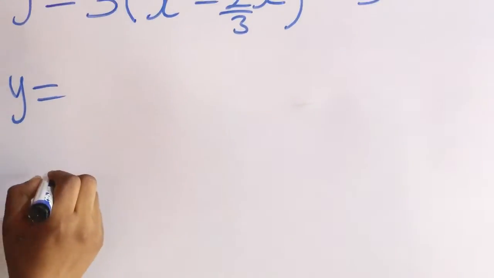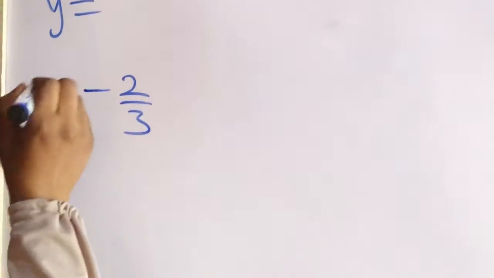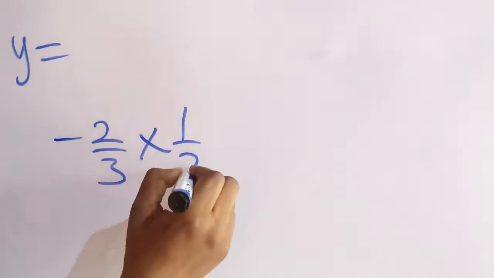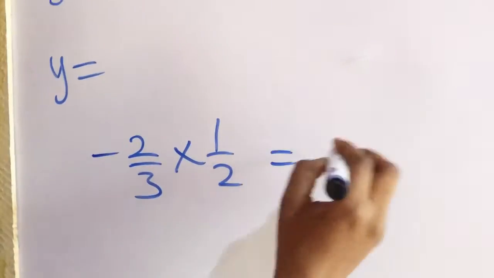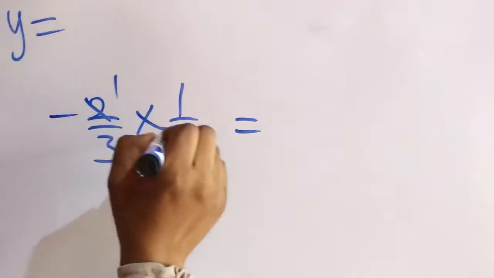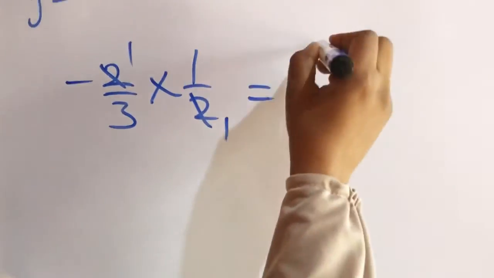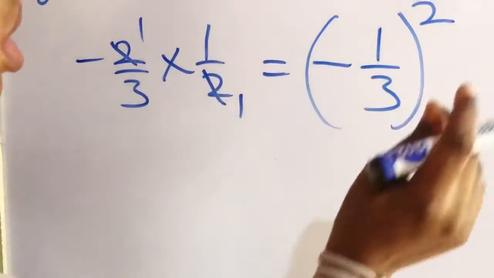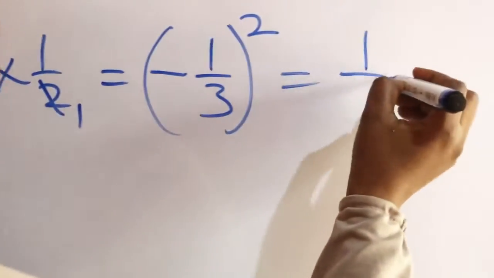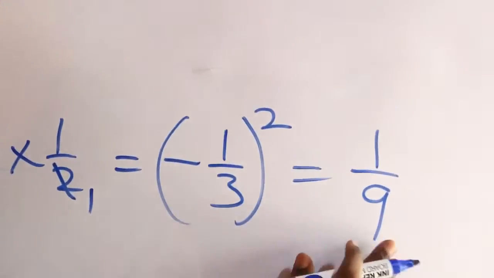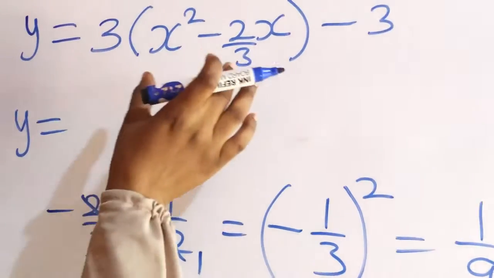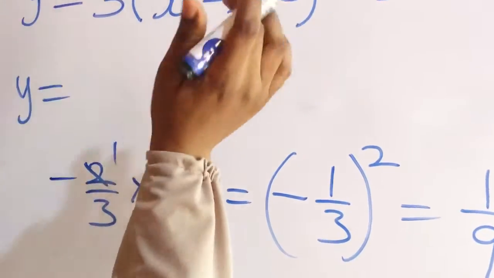So half of minus 2 over 3, 1 over 2 of minus 2 over 3, the 2 cancels 2, so minus 1 over 3. Squaring minus 1 over 3 gives 1 over 9. We are going to add and subtract it inside the bracket.